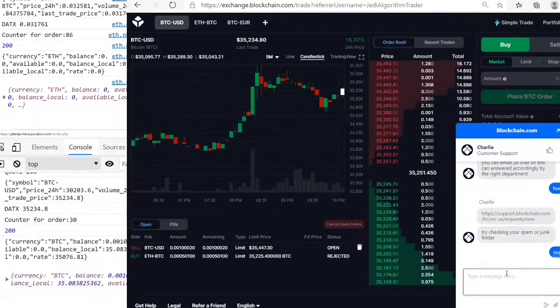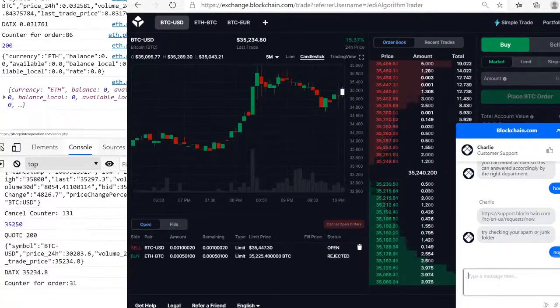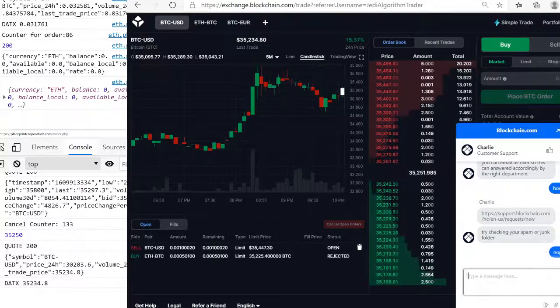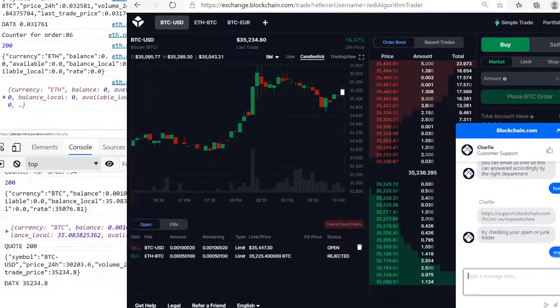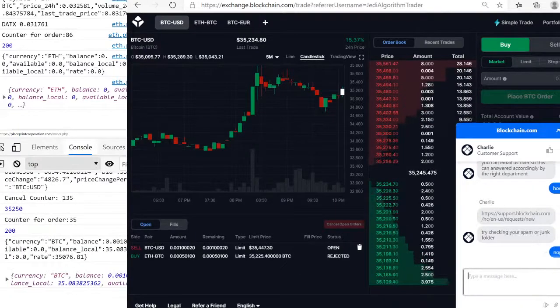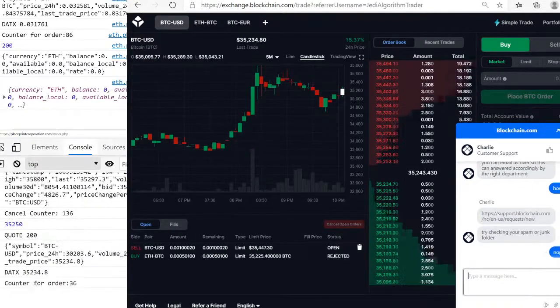Bidding 35,245. Our offer is 35,447. The cancel counter is at 132. Again, I'm not in any hurry to exit because we're just going to be buying more. Maybe we'll buy at a lower price, though. That's why it's nice.